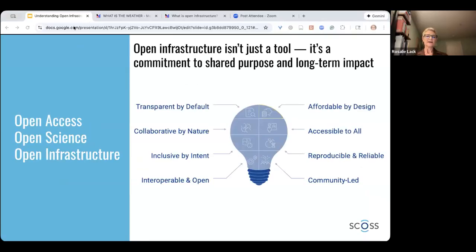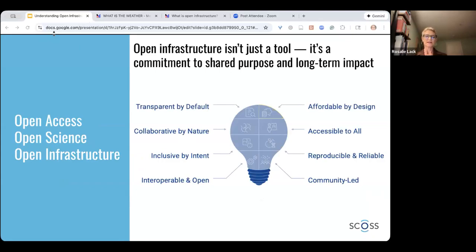And finally, in this world of definitions, I think this slide nicely summarizes what I've been talking about. I really want to stress this idea that open infrastructure isn't just a tool. It is a tool, but it's also a commitment to this shared purpose and long-term impact.